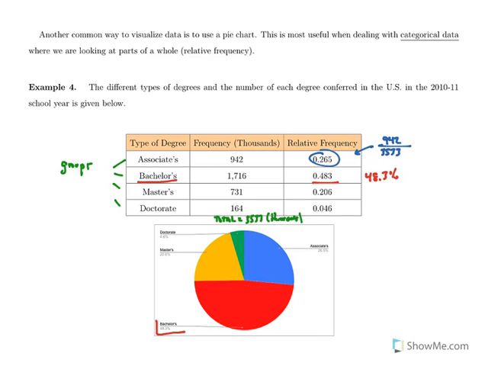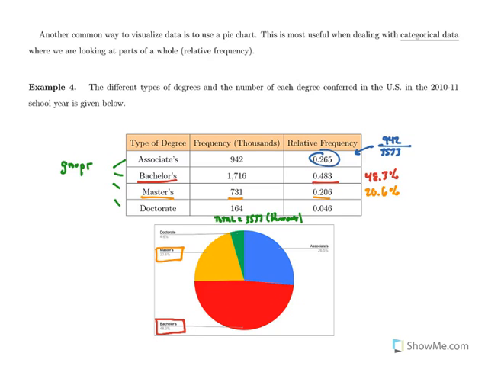We've labeled that here, and that represents 48.3% of the area, almost 50% of the circle. The master's degree is 20.6%. Labeled that here, and that's going to be about 20% of the circle.